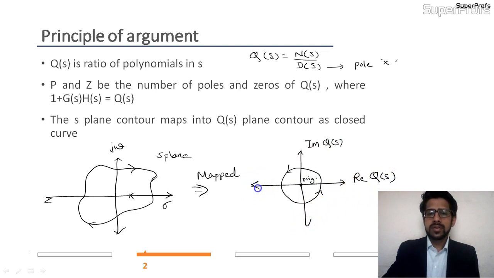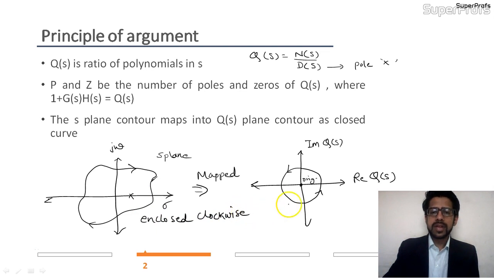This is what the principle of argument says. So we saw that if there is a pole lying in the S-plane and it is enclosed clockwise, you get an anti-clockwise encirclement of the origin.